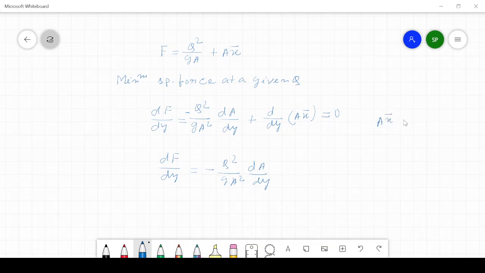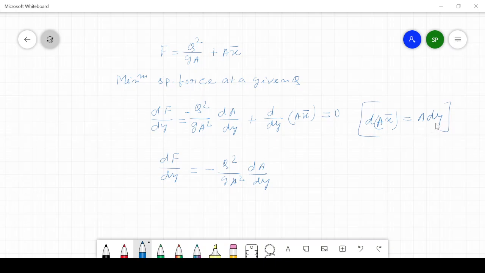Suppose you are differentiating it with respect to y. If dy is changed, the depth corresponding to this is also static. So if you differentiate it, you will get A dy. Just remember this: A dy.